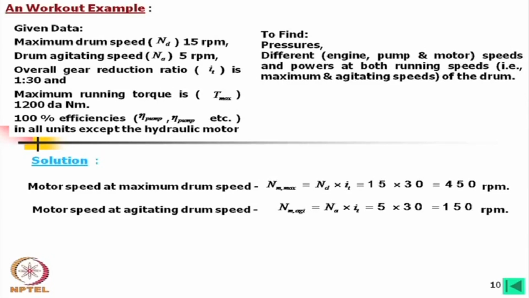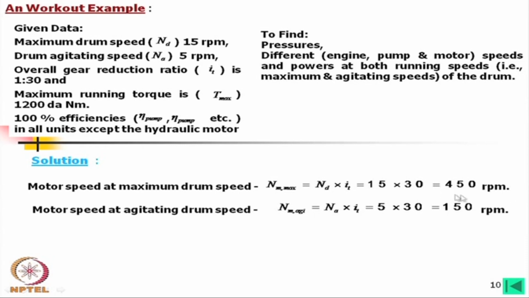Actually, we should consider the efficiencies of all components, however, we have considered that, but for the hydraulic motor we should consider its efficiency. I will show how the calculation is done. Now, what we have to find are the pressures, different speeds of engine, pump, motor, etc., and powers, and also we have to draw the circuit.